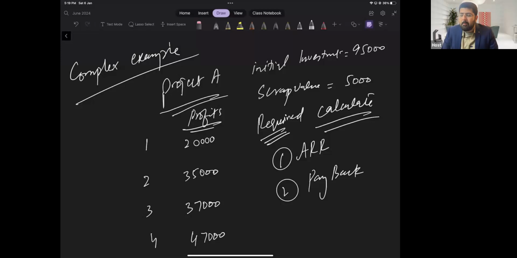No worries, no worries. The scrap value is 5,000.